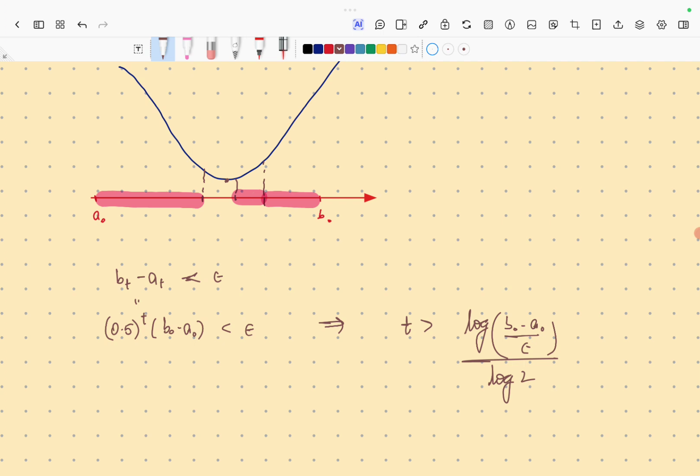So the total time that is required to get epsilon close to the minimum is now decreased by a constant factor. The dependence on epsilon and b0 minus a0 still remains the same. That hasn't changed. But this constant at the bottom, that is improved. Particularly for large t, this can make a significant difference.